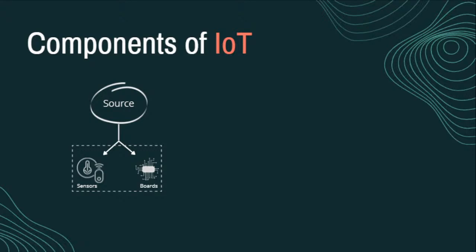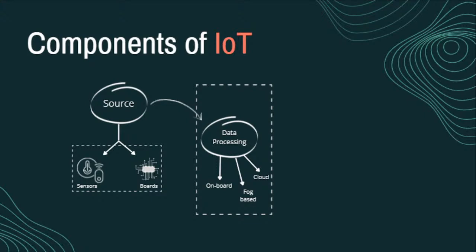Now we'll discuss the components of IoT. There are three main components which we'll discuss. The first is source. Source is the sensors and the board collectively. The sensors alone can't keep or store data. It needs the help of boards. The second component is data processing.